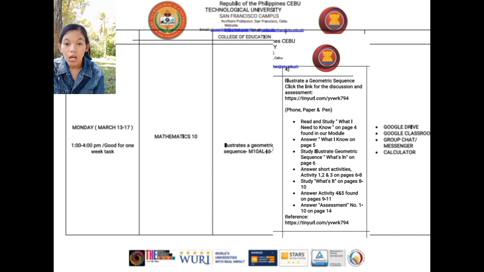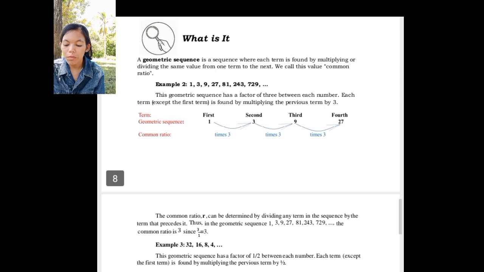Sige, ako lang mohatag og definition sa geometric sequence. So, geometric sequence is a sequence where each term is found by multiplying, di ba sa arithmetic adding, dili multiplying or dividing the same value from one term to the next.